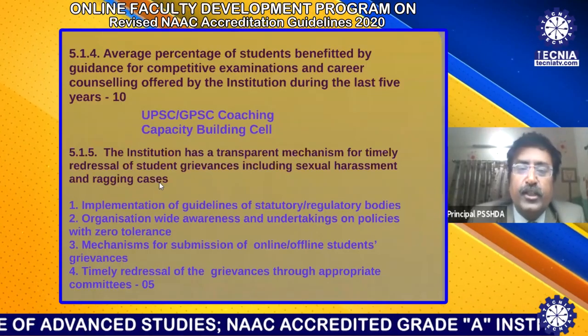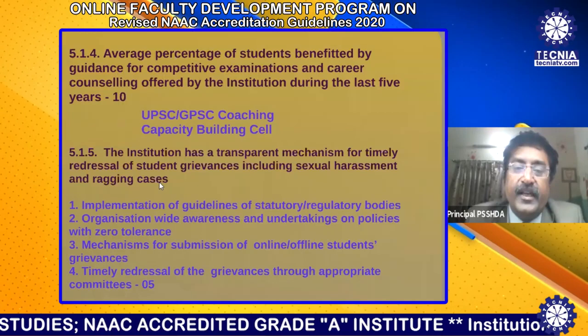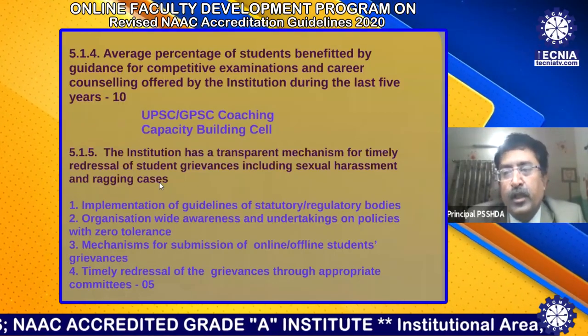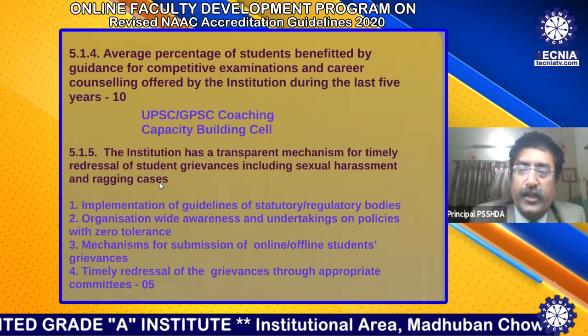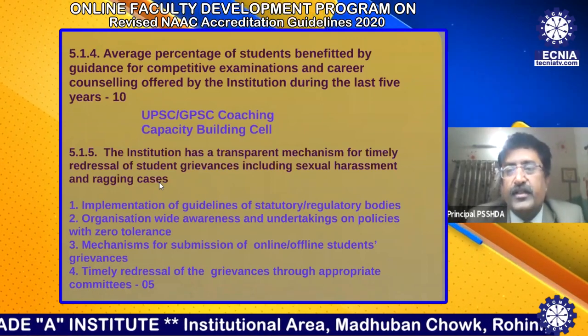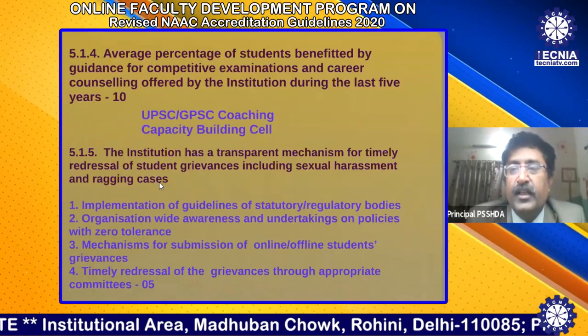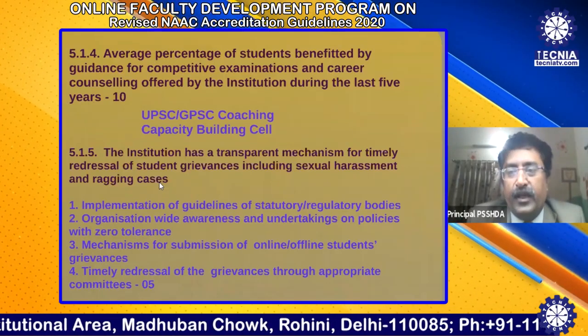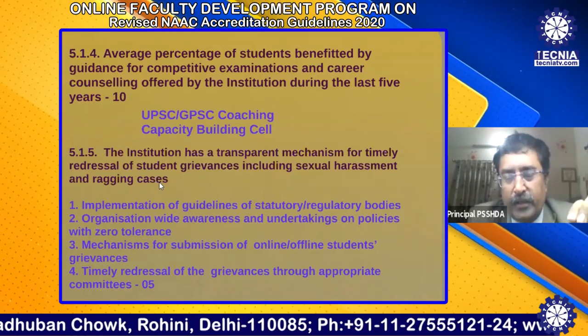The next one is that the institute has a transparent mechanism for timely redressal of students' grievances. This is very important. You need to keep something where students can share their grievances, and they should not hesitate to share them. If possible, keep a suggestion box where students can give suggestions.